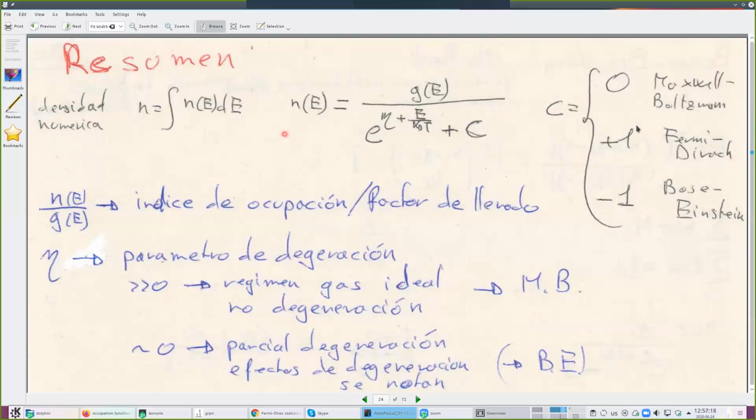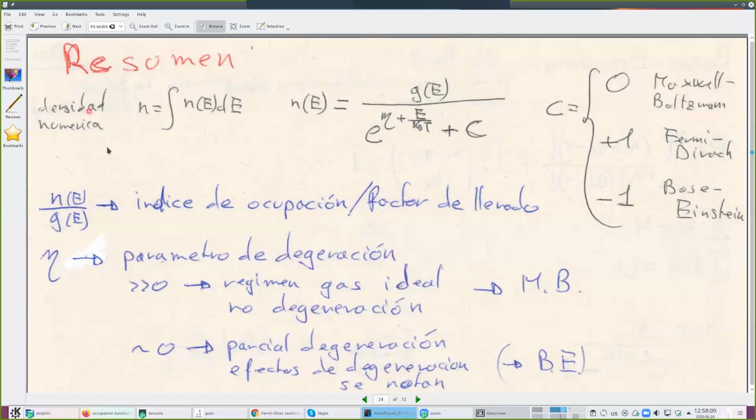Actually, Fermi-Dirac and Bose-Einstein should be used, but for normal conditions of temperature and density, these two are approximated by this one. This is because usually the value of the exponential for a normal gas is really positive, so this exponential is bigger than 1 and the plus or minus 1 can be ignored, and it goes to Maxwell-Boltzmann.